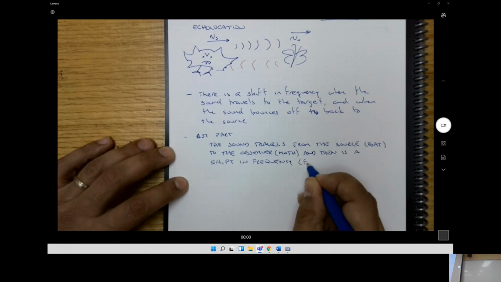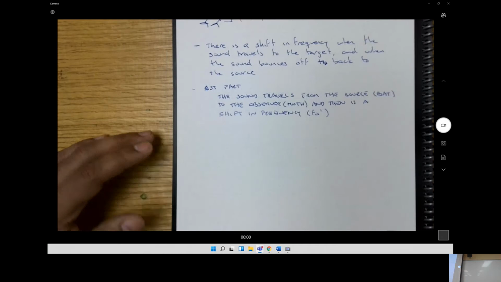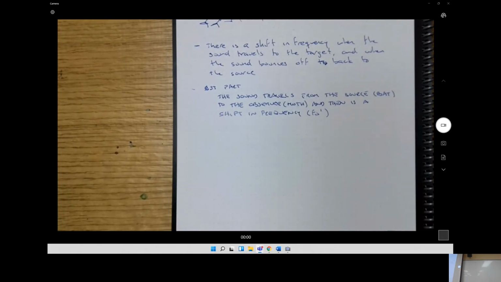And I'm going to call this shift of frequency F0 prime, F naught prime. Okay, now when the sound bounces off, this frequency is going to be the frequency that is bouncing off. And my target, the moth, is going to be my source, and the bat that is receiving the echo is going to be my observer. So kind of switch roles.